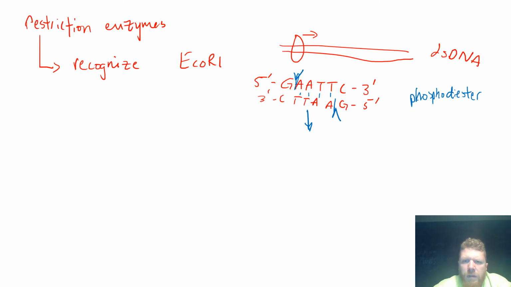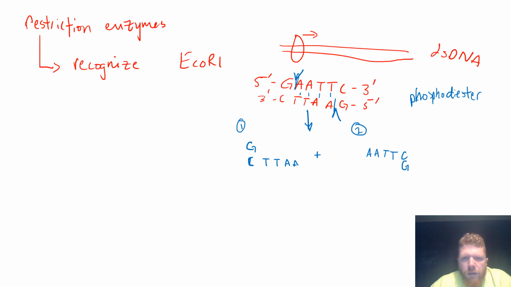So the result is going to be pieces of DNA that have complementary regions but are no longer attached to one another. This would be one of them, and this would be your second one. It's going to look like G, C, T, T, A, A. Those two pieces of DNA are going to result from EcoR1 breaking a pair of phosphodiester linkages.